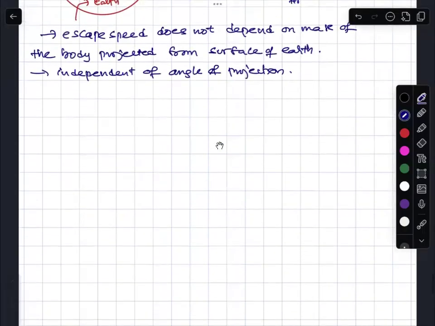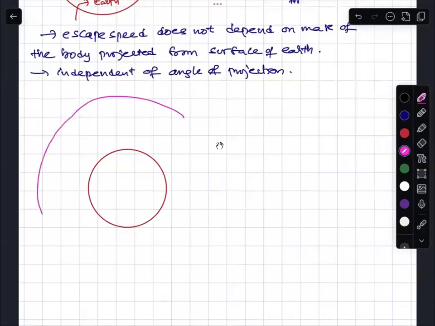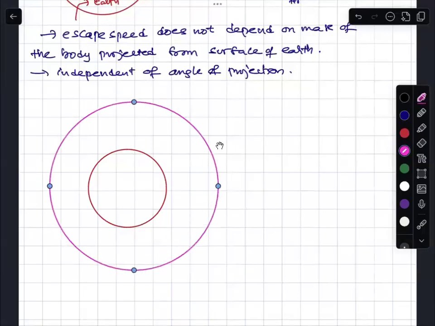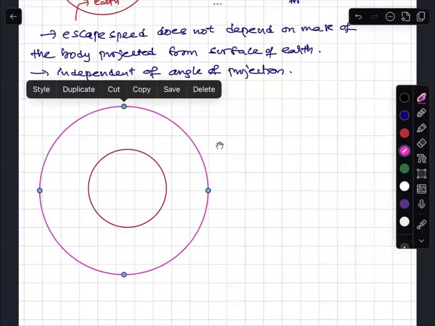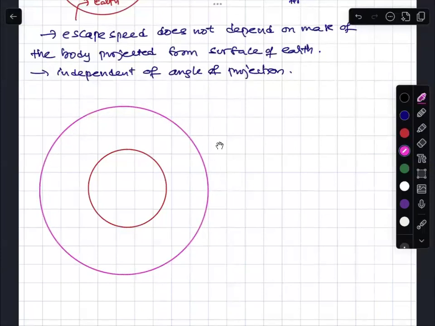Suppose your planet is this. This is the orbit.